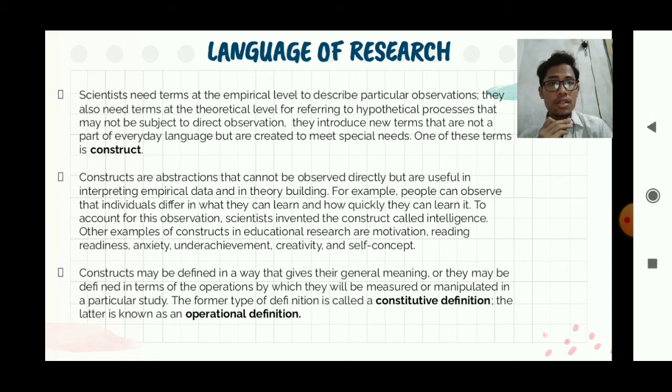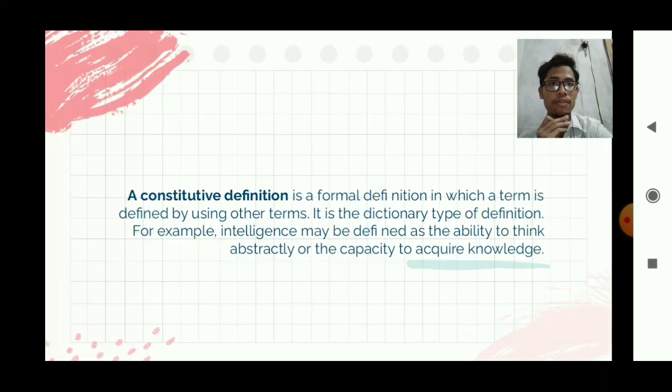Constructs may be defined in a way that gives their general meaning, or they may be defined in terms of the operations by which they will be measured or manipulated in a particular study. The former type of definition is called a constitutive definition, and the latter is known as an operational definition.